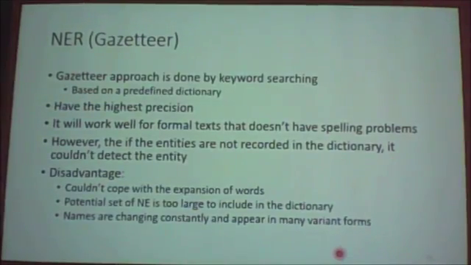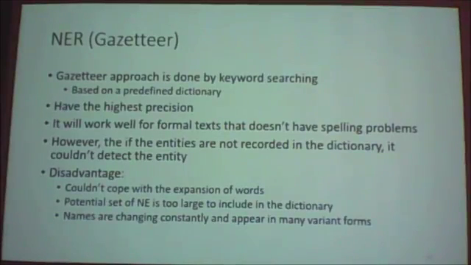For the Gazetteer approach, one of the most common questions that people ask when it comes to NLP entity recognition is why not just do a keyword search, which is referred to as the Gazetteer approach.